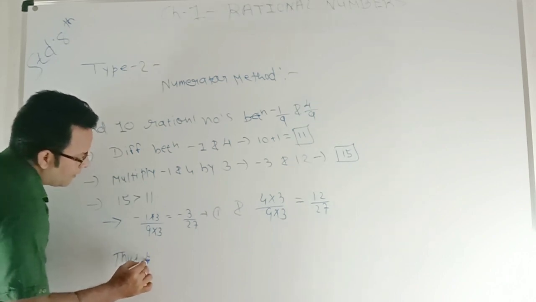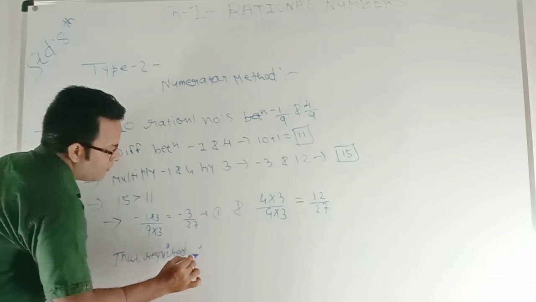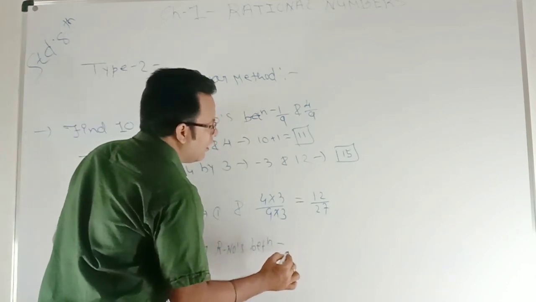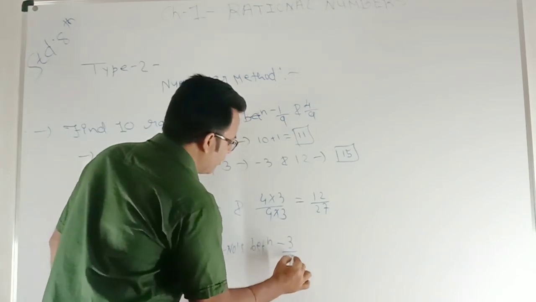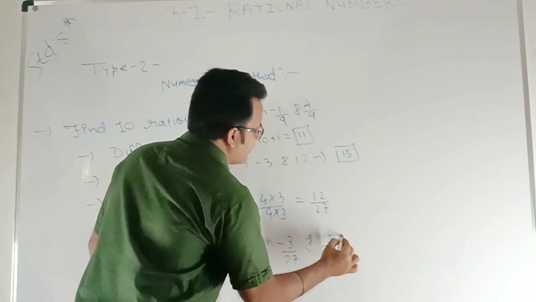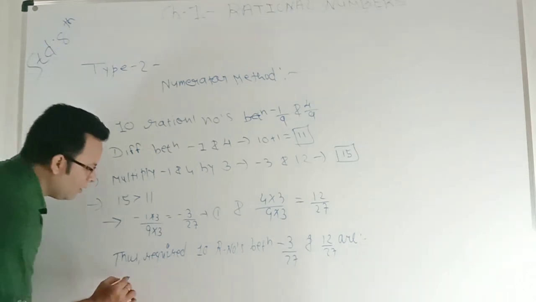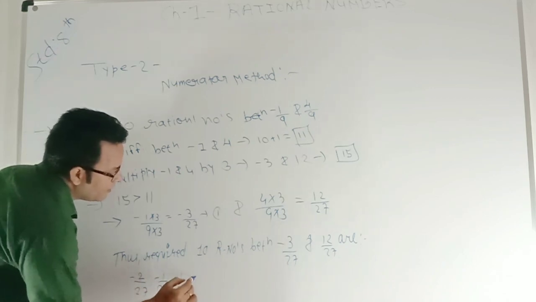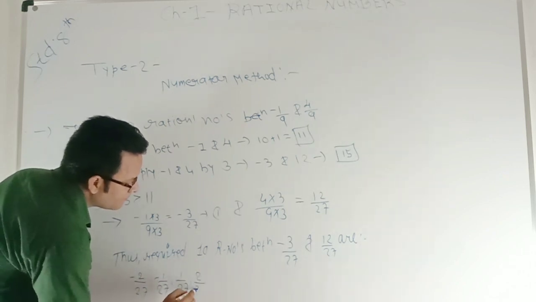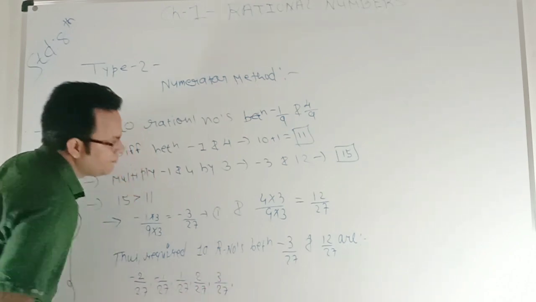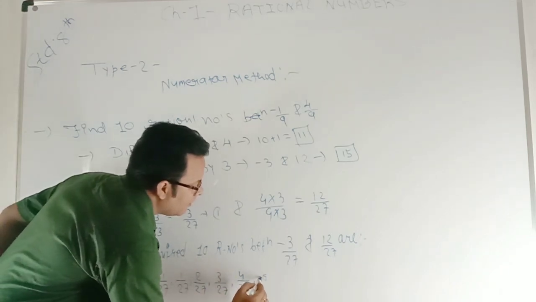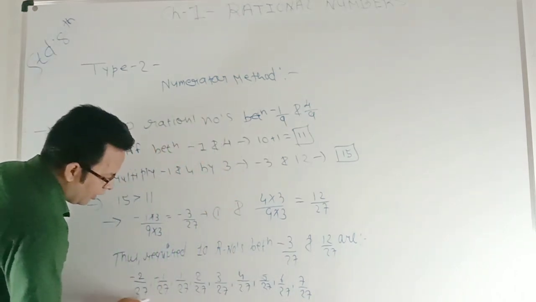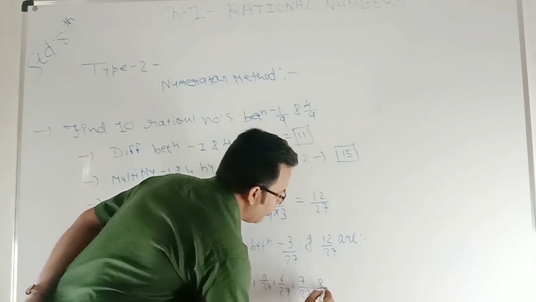Now you have to give here 10 rational numbers, and you can see the gap. Thus the required 10 rational numbers between -3/27 and 12/27 are: now start writing the numbers. -2/27, -1/27, 1/27, 2/27, 3/27, 4/27, 5/27, 6/27, 7/27, and 8/27.